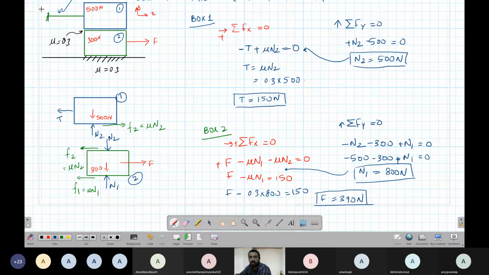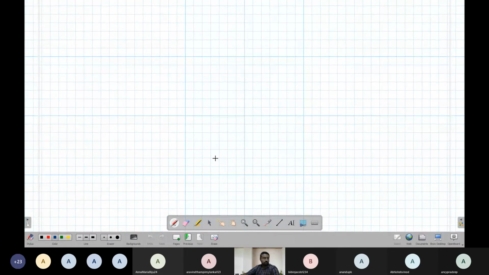So T is the force which is applied by this string on the box. Okay, so what is the force that this box applies on the string? Equal and opposite. So that is also there. We will look into that later. We can again complicate these things.